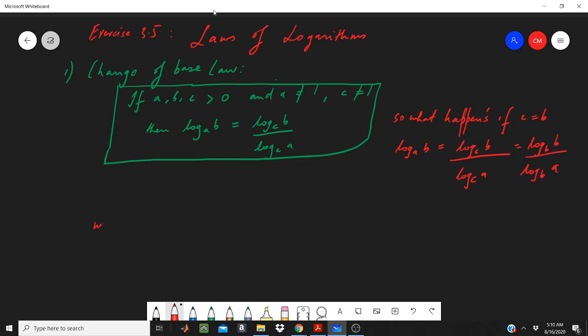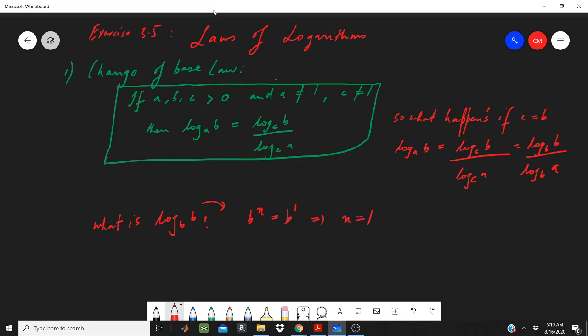Now what is log_b b? If you already know the answer, great, it means you've understood the log form. But if you don't know the answer, just convert this into index form and you'll see it. In index form, this is b raised to the power x equals b, correct? b to the power 1, and this implies that x equals 1.